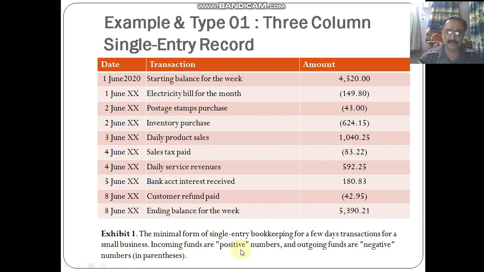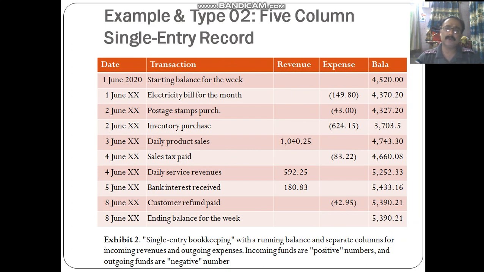Income funds are positive numbers and outgoing funds are negative numbers in parentheses. I already mentioned that the negative and positive figures are subtracted from and added to the opening balance.